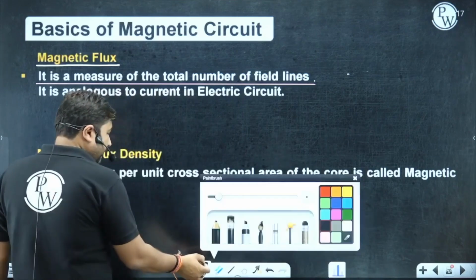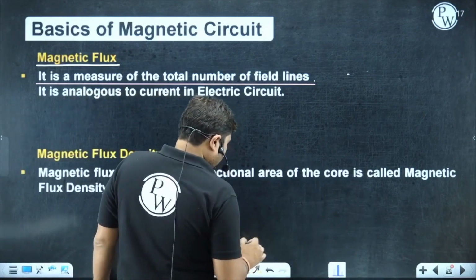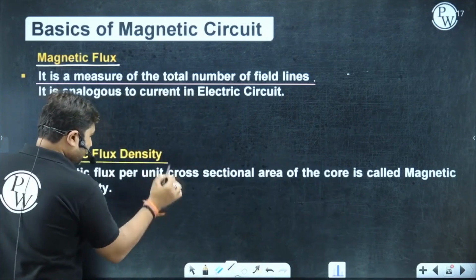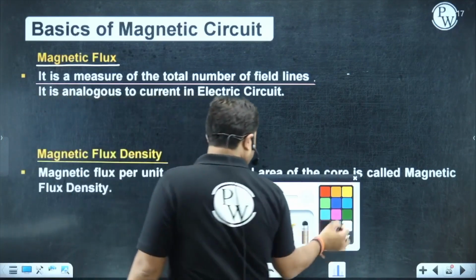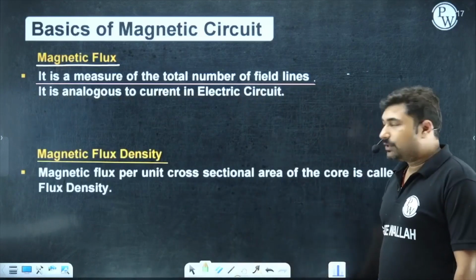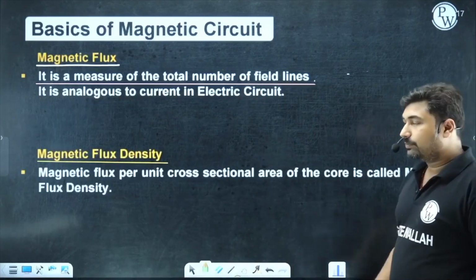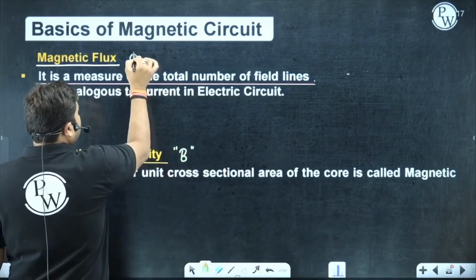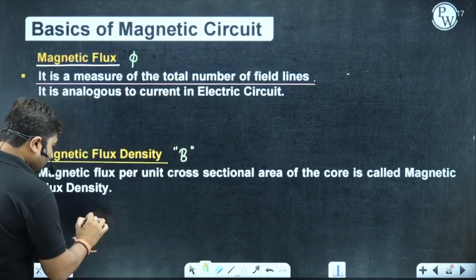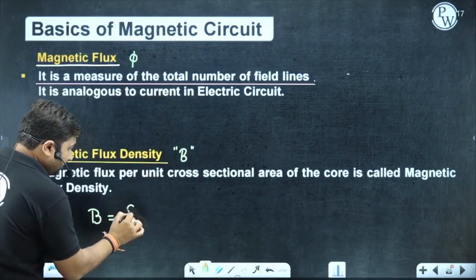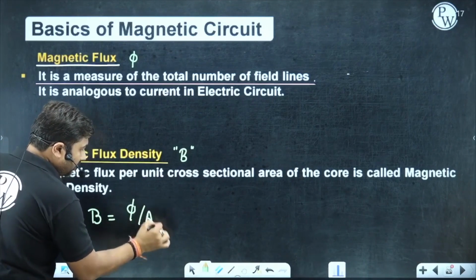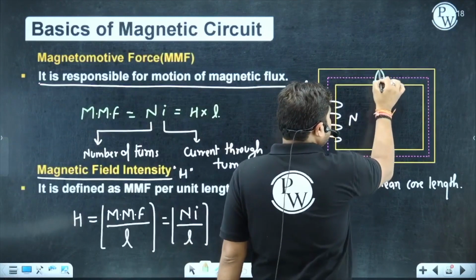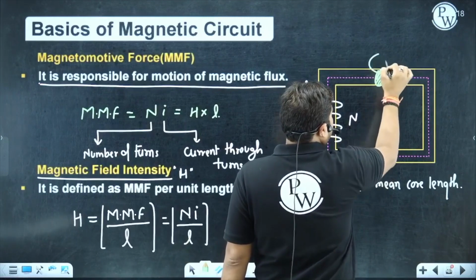Now come to the magnetic flux density. Magnetic flux density is defined as magnetic flux per unit cross sectional area of the core, represented by the term B. Flux is represented by the term phi. Magnetic flux density is defined as flux per unit area of cross section of core. If you observe here, let us suppose this will be the area of cross section of core.